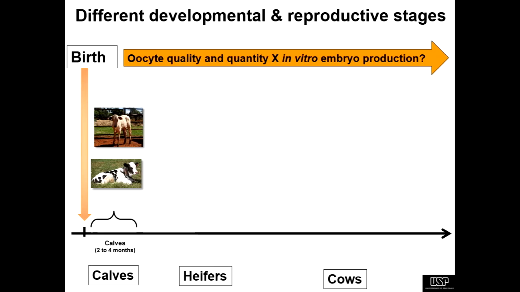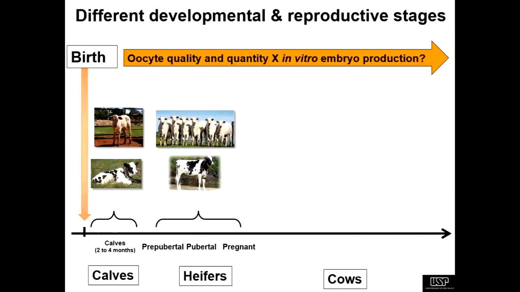These calves were Bos indicus, Brahman here, but we also used Holstein as Bos taurus. Then I will show data using heifers to understand oocyte quality, in vitro embryo production and fertility: prepubertal heifers compared to pubertal heifers and pregnant heifers.